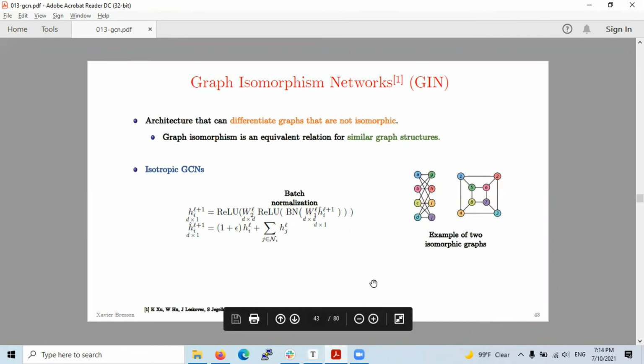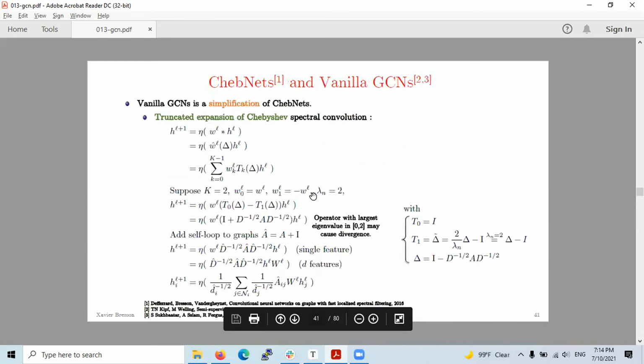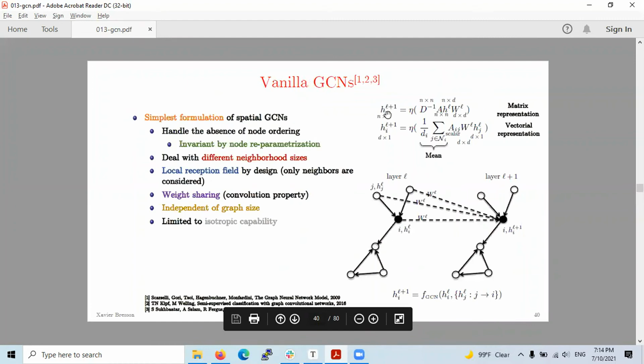In the case of the vanilla GCN, they're using mean pooling, which means that if you have a node with edges of one set, and another node with edges exactly double that, mean pooling will not actually see that. So in that sense, it has a weakness.